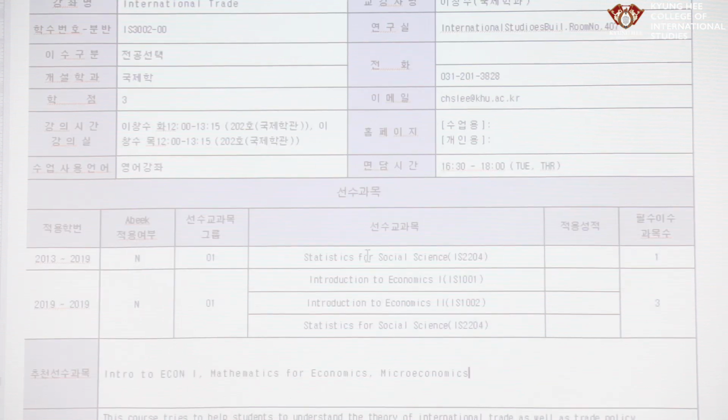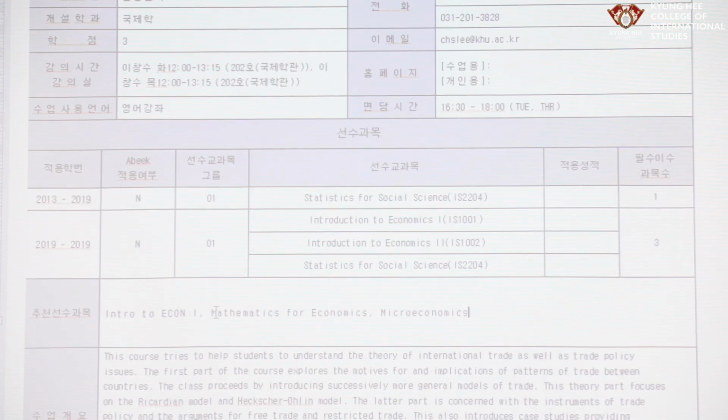So there exist some formal requirements: statistics, introductory level microeconomics, introductory level macroeconomics. Also, I emphasize some of your requirements. You are taking the course for mathematics for economics and intermediate level microeconomics, right?